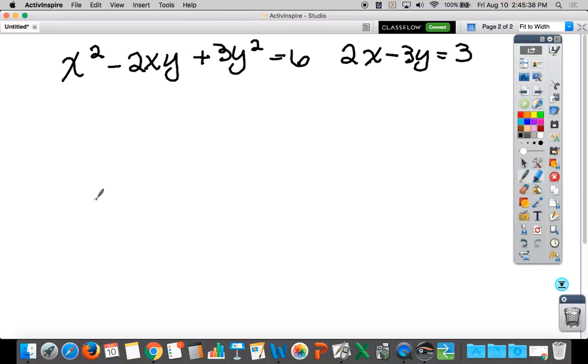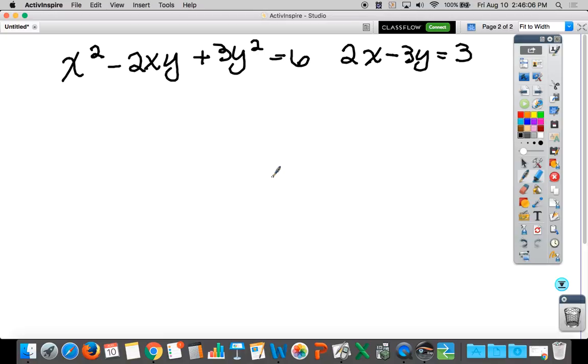Okay, there's a lot going on here. A lot. And so I definitely don't want to try to solve for x or y in this equation, do I? No, that's a mess. I told you I would try to solve for y here, put it in here, so I have all x's on one side.